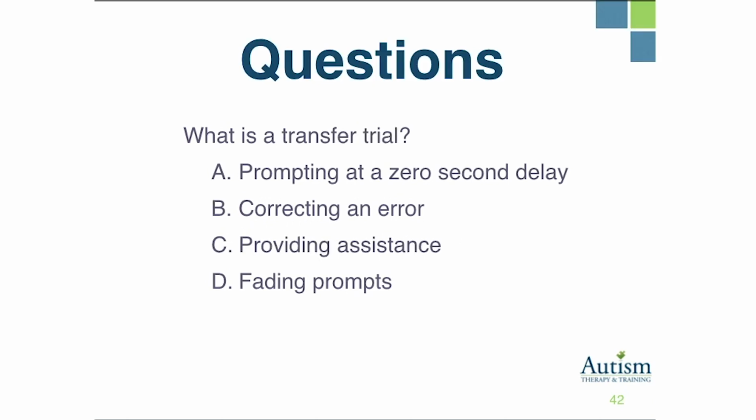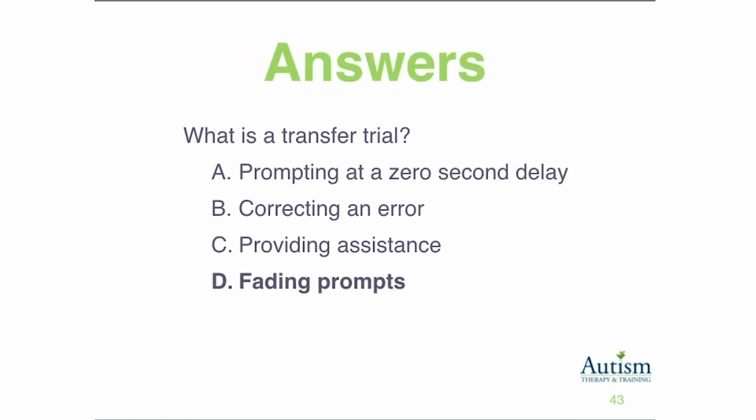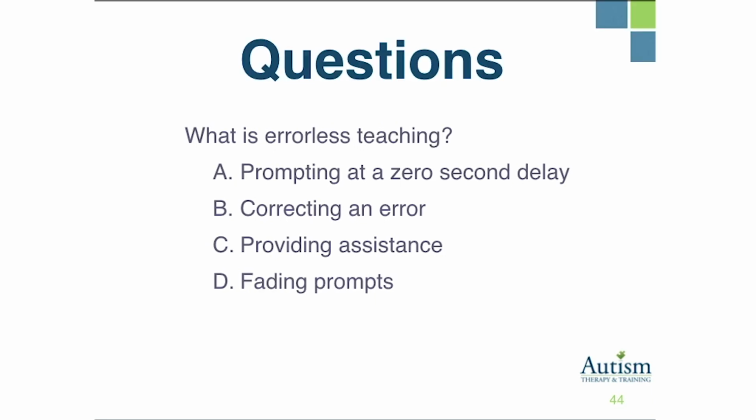What is a transfer trial? A, prompting at a 0-second delay. B, correcting an error. C, providing assistance. D, fading prompts. And the correct response is D, fading prompts. Remember, this is a transfer of stimulus control, but I often call it a transfer trial.